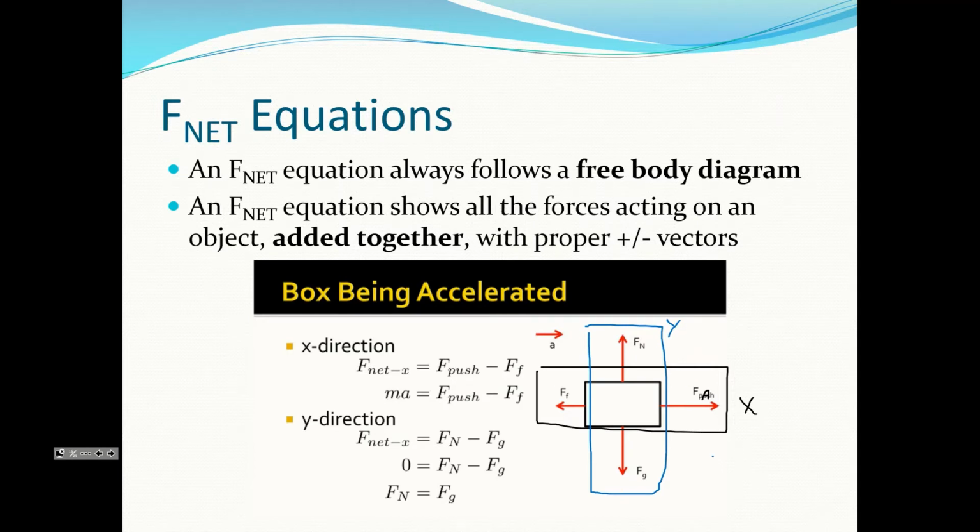We wouldn't want to include all our forces together in one equation, right? So this is our FNET equation for our x. We have our force of push and our force of friction, and then they do a separate one for the y, which has force normal and force of gravity. We want to keep those separate, and we'll combine them together later when things get a little bit more difficult.